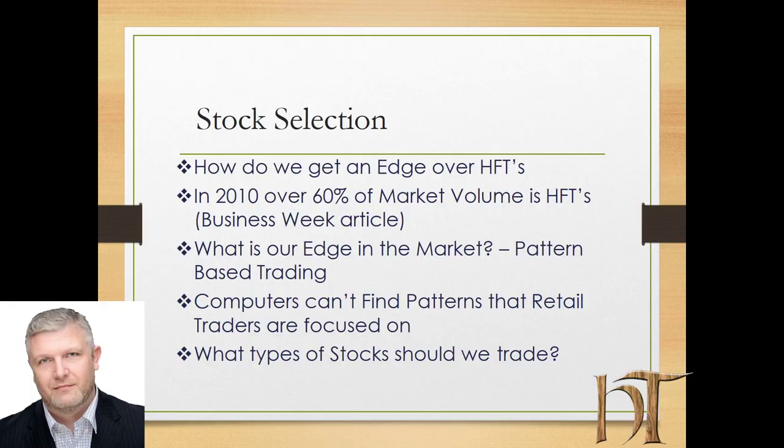We know that over 60% of the market volume is high frequency traders. It's the algorithms, the institutional traders. We know they dominate the markets. We know they're the ones making the money every single day. So as retail traders, we already have a disadvantage.